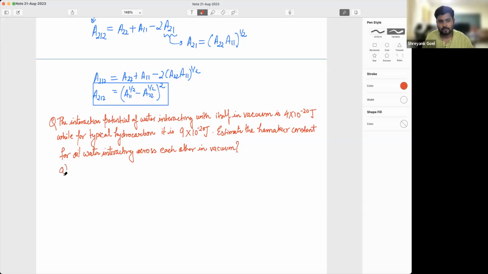And the options are 12 into 10 to the minus 20 joule, 1 into 10 to the minus 20 joule, and 2 into 10 to the minus 20 joule.